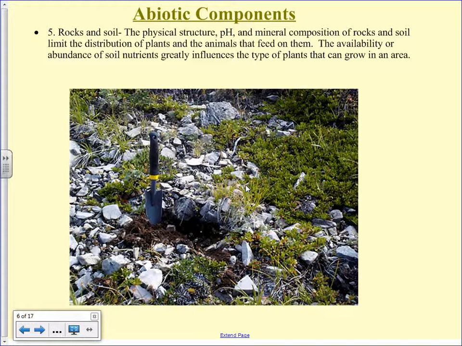They leave their litter behind, which accumulates and makes more organic material in the soil. The next year, their seeds grow in the same place. They grow over top of that, and the soil builds up. And you can see that some of the rocks look like they're starting to get swallowed up by the plants. They are. That's how soil builds. But it takes thousands of years for that process to happen.